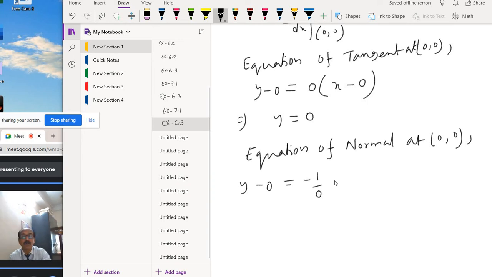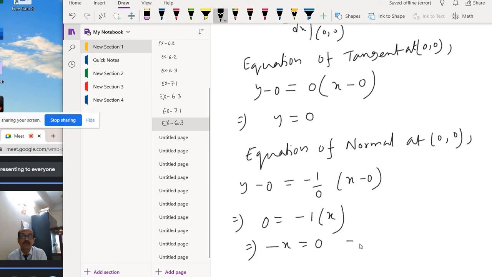So normal slope minus 1 by 0 into x minus 0. Okay. Now cross multiply. y into 0 equal to 0, 0 equal to minus 1 into x. Okay. So minus x equal to 0, and this means x equal to 0.